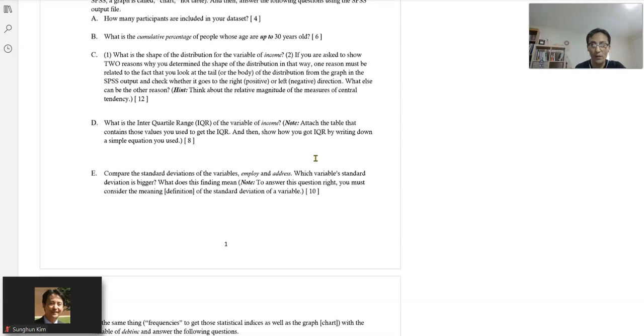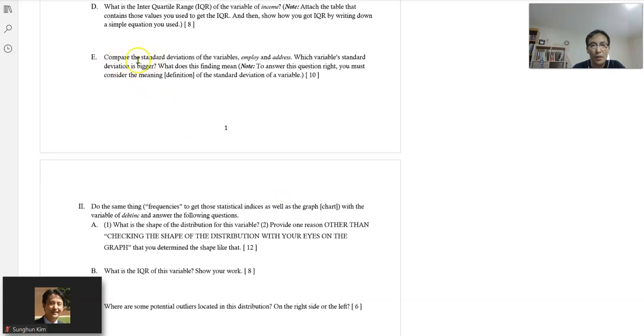Again, if you don't know what I'm talking about, go to module 3, review the IQR and get the idea. It's relatively simple and short, right? Then come back and use that idea to get the IQR value, okay? And then you have to attach the table and the equation with your final answer of the IQR value, okay?